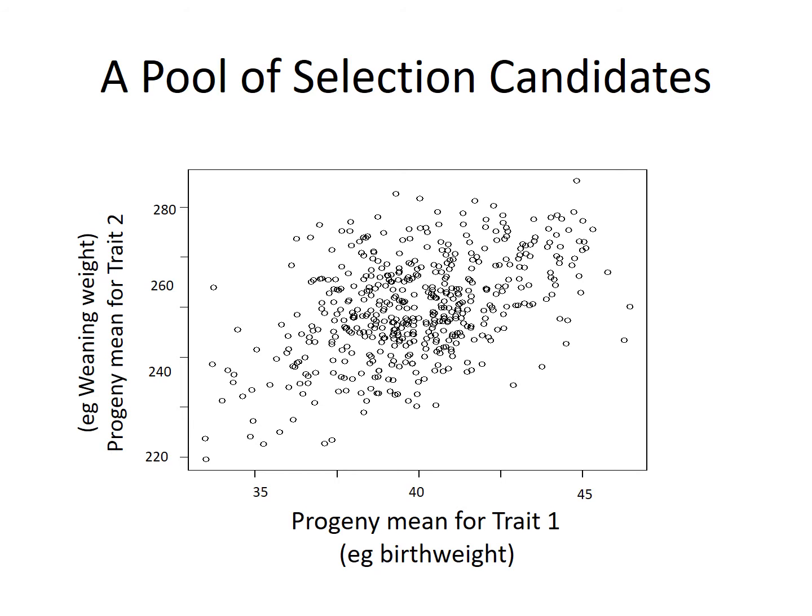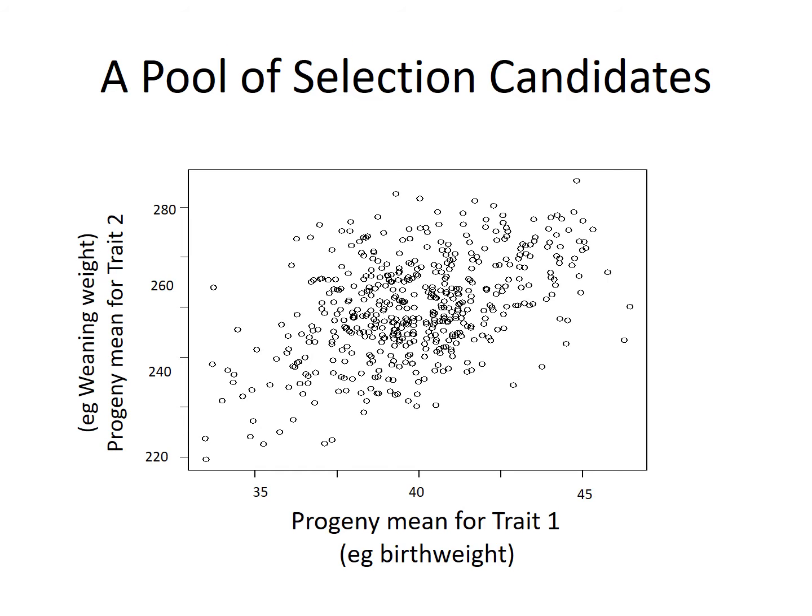So what you'll notice when you look at this pool of selection candidates is they don't all sit in a line and they don't all sit in one large circle, but they sit in an ellipse. So the bulls that tend to have offspring that are above average for birth weight also tend to be above average for weaning weight.